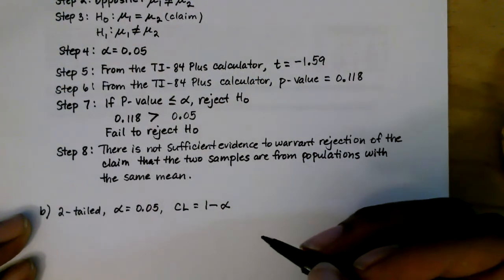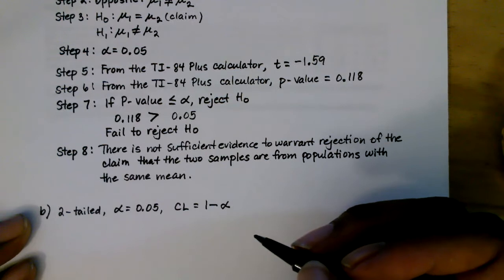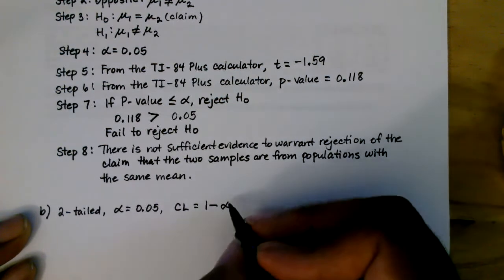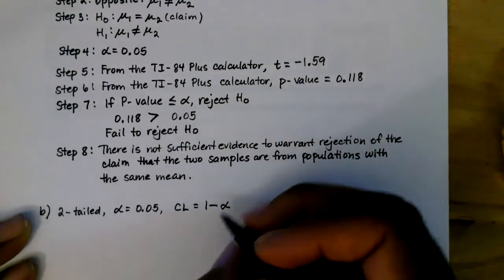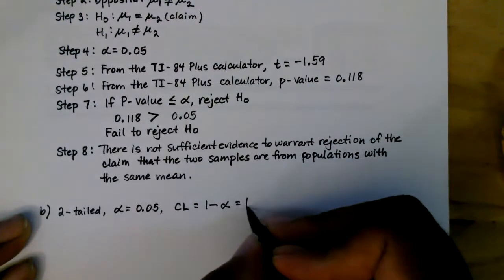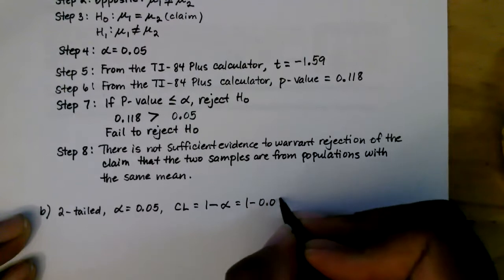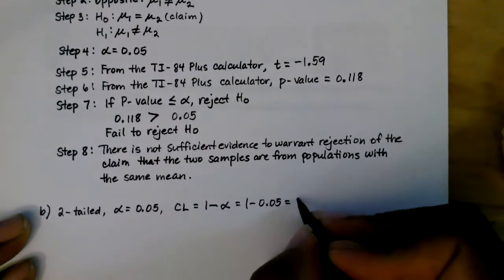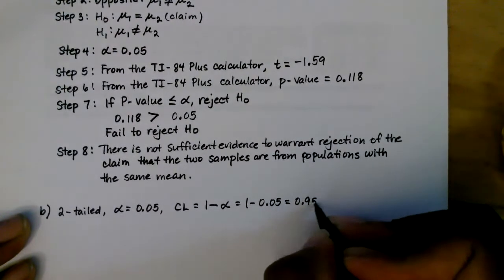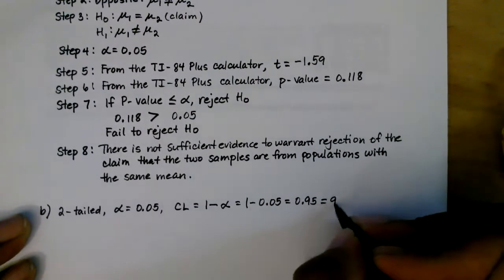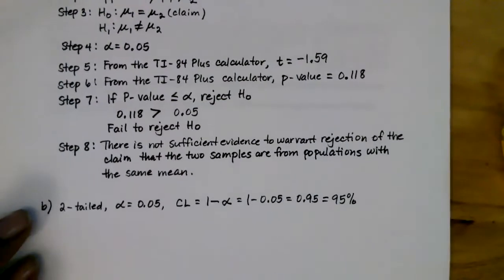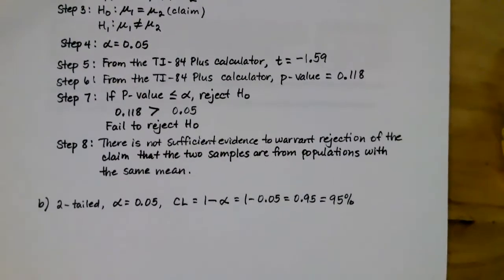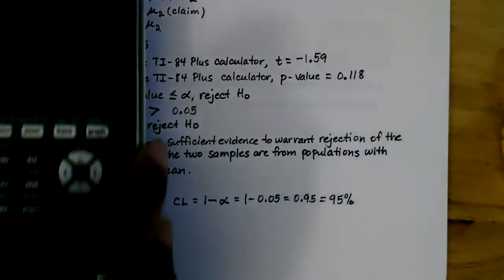When we're dealing with confidence levels, we always deal with two tails, the left and the right. The confidence level is always in the center of that normal curve. So 1 minus 0.05 would be 0.95, or as a percent, 95%. So here we're dealing with a 95% confidence level.